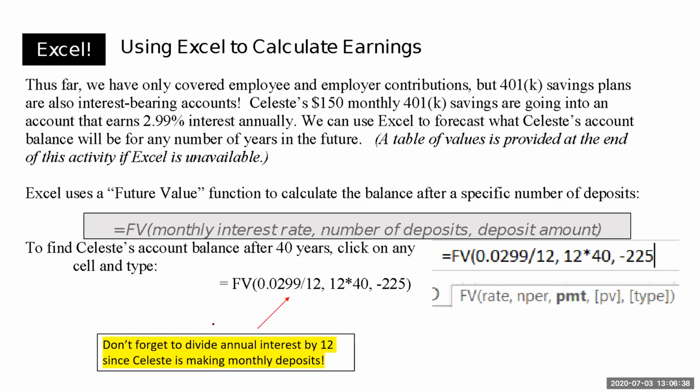Now, we are going to look at how we can use Excel to find the future value. And we already have an idea how this works. So really, if you haven't watched my video on credit cards and loans, specifically loans, where we looked at the PMT and the PV function, we already dealt with this. Now this is what you put in Excel, and Excel will give you everything, including the interest over the period.